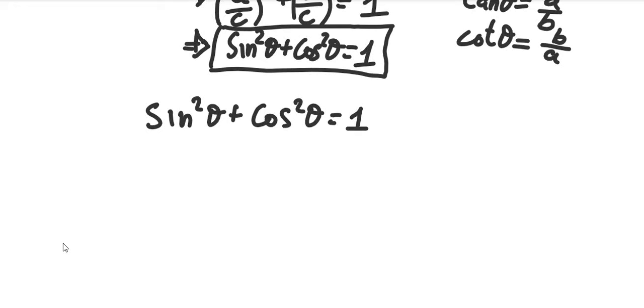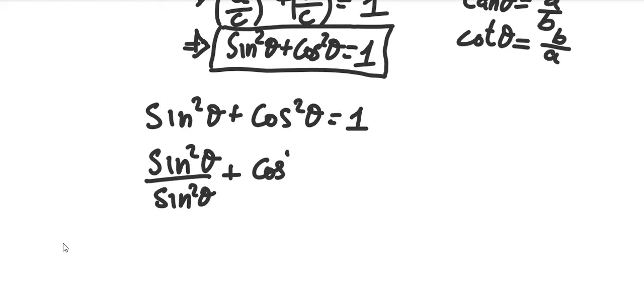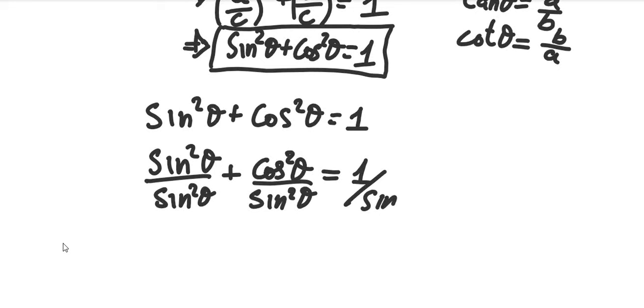By dividing both sides by sine squared theta, I will obtain sine squared theta divided by sine squared theta plus cos squared theta divided by sine squared theta is equal to 1 divided by sine squared theta.